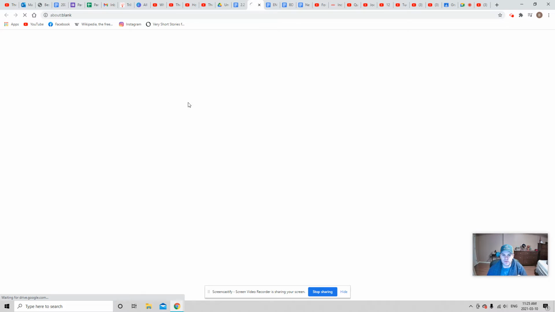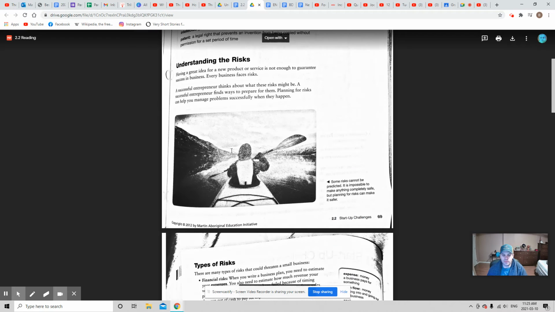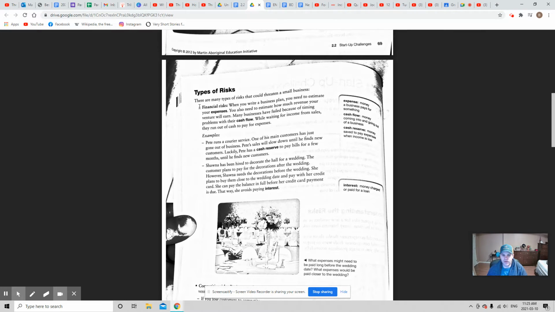So it's best to have the reading open as well, because imagine that you're starting up a coffee shop in your home community. Complete the chart below to identify the types of risk associated with this venture. So let's pick financial risk.